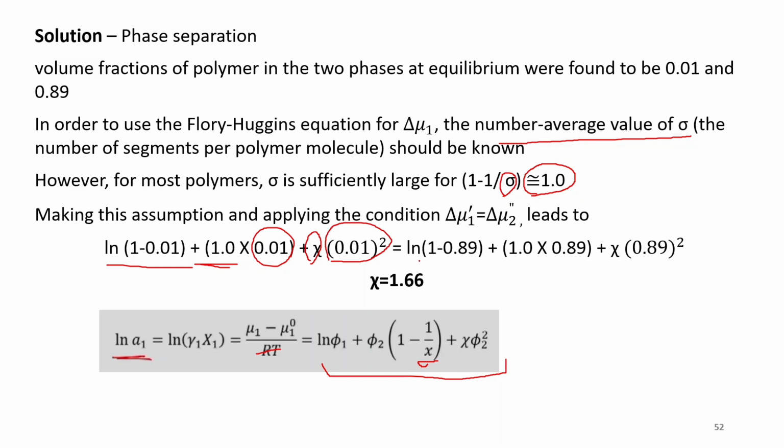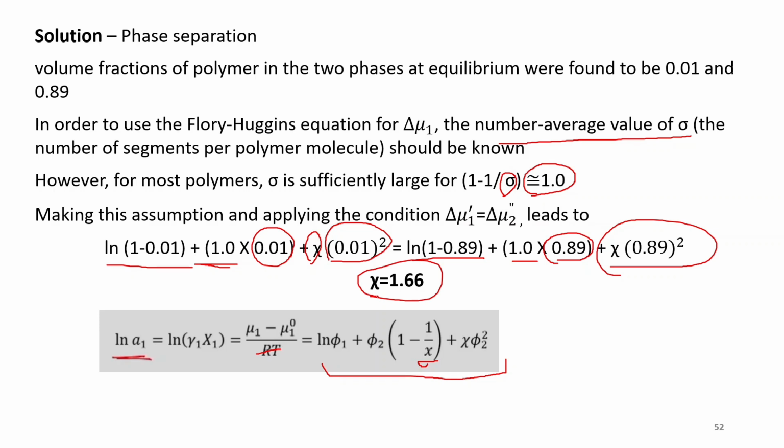The same we will do for mu2, right? ln(1 minus 0.89) plus 1 minus 1 upon sigma, which is equal to 1, multiplied by phi2, which is 0.89, and then chi multiplied by phi2 square, which is 0.89 square. So we can calculate chi as 1.66 from this, right?